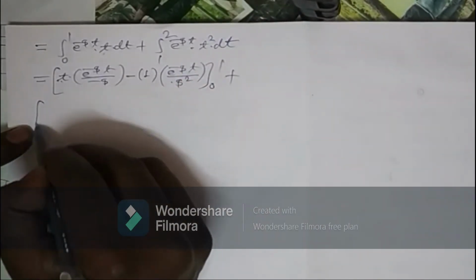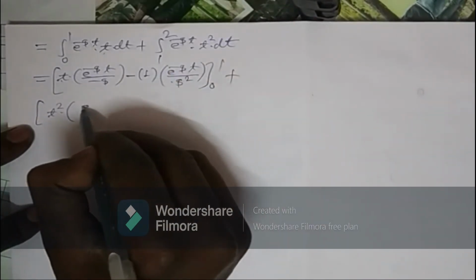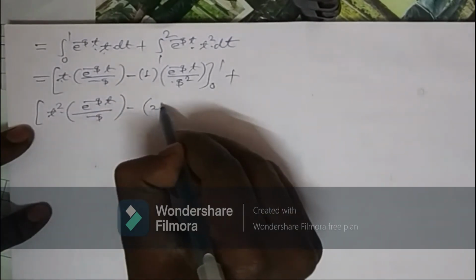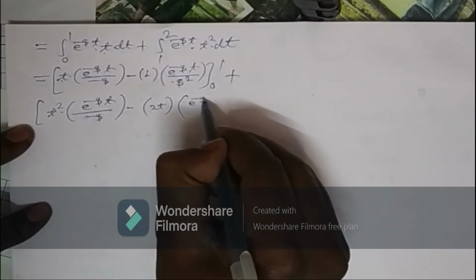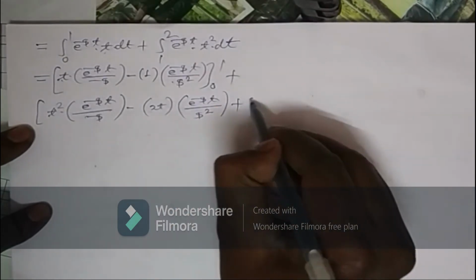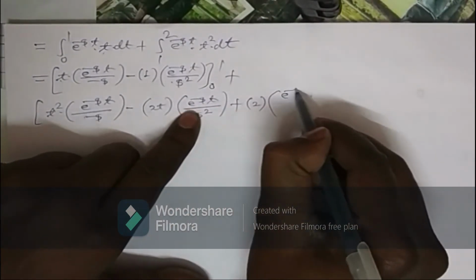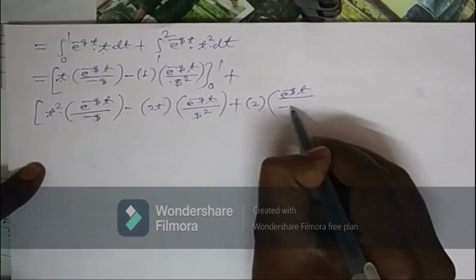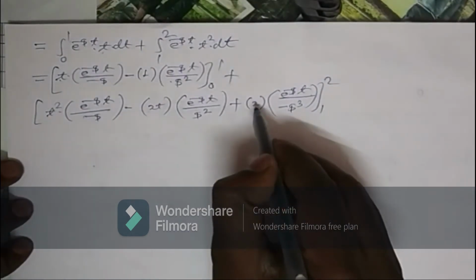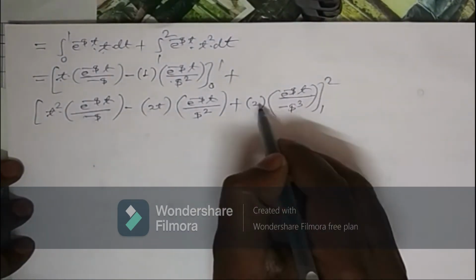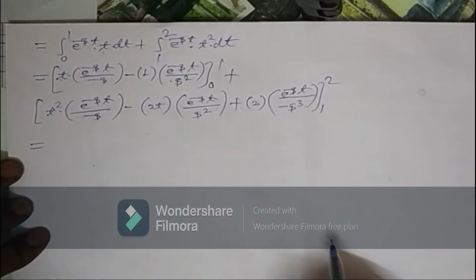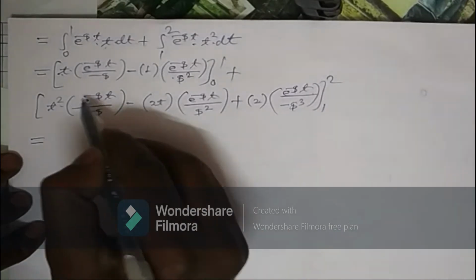Now for this t square as it is, integration of e raised to minus st upon minus s, minus derivative of t square is 2t, e raised to minus st upon s square, plus again derivative of this, that will be 2, again integration of this e raised to minus st upon minus s cube, limit from 1 to 2. Okay, now after that if you again take the derivative of this 2, that will be 0, that's why we have to stop here. Now just simplify this first and after that we will solve.